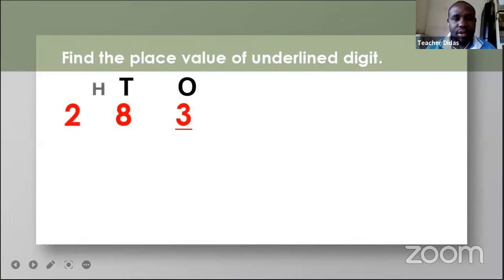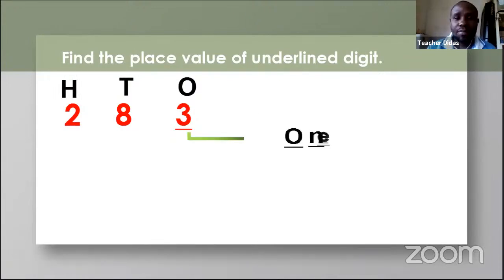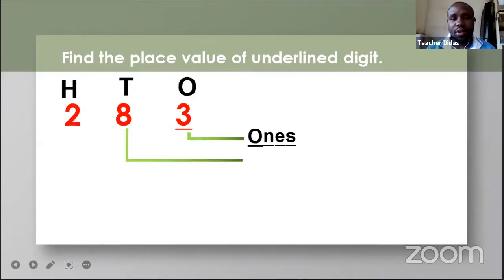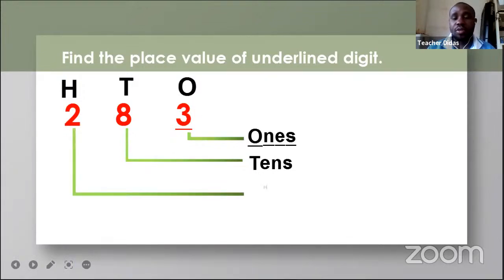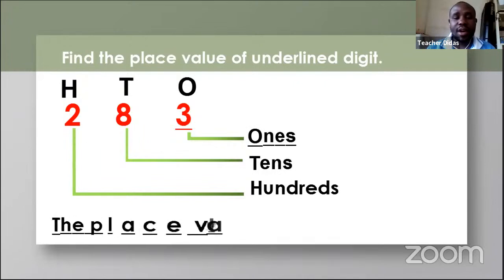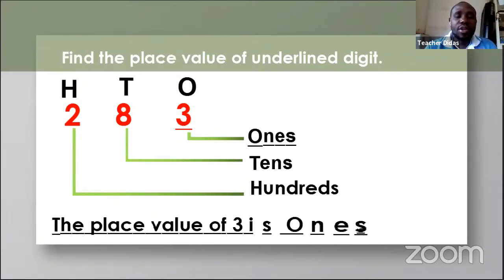After giving them all their place values, then go on and say the first one here is called ones, the second one here is called tens, and lastly the last one here is called hundreds. Then you can go on and conclude and say the place value of 3 is ones.